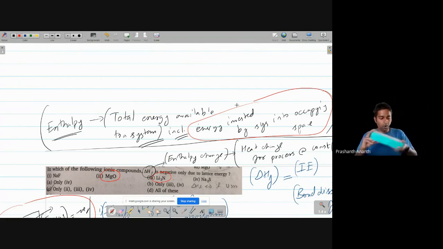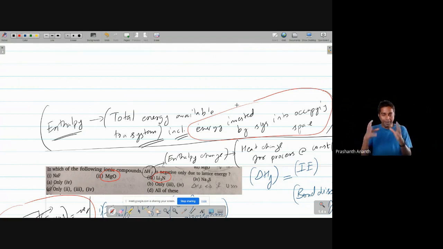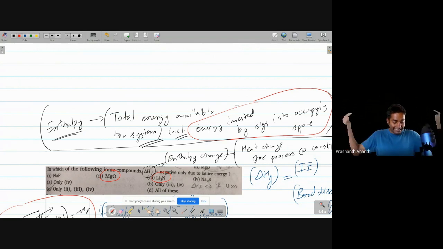So if I take this box over here, let's say there's a gas inside. Let's assume that the box's surface is not there. The box is anyway going to be outside, exposed to the atmosphere. So the gas present inside is actually occupying that space by pushing against whatever is outside. Which means it is investing some of its energy into that space it is occupying.